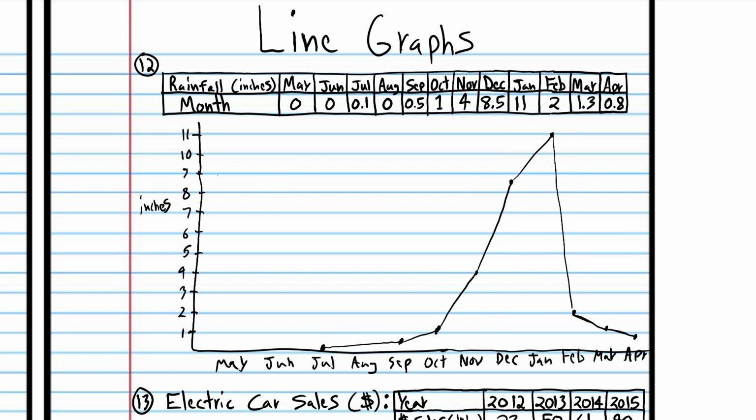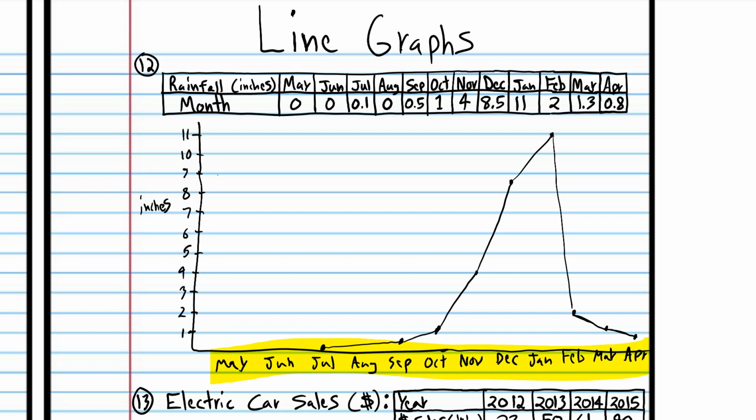And there you go. So this data could be considered categorical because you're categorizing the rainfall into each month. But it can also be considered what's called continuous data because the rainfall kind of just falls continually throughout a certain amount of time. Usually line graphs are used when something's happening over a certain amount of time.